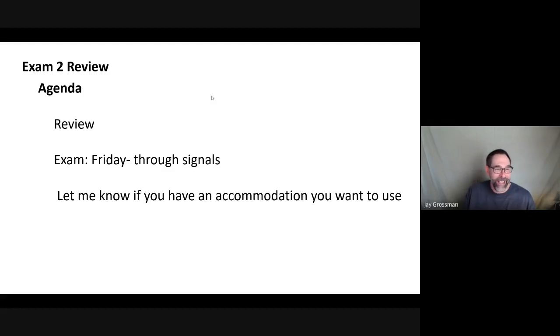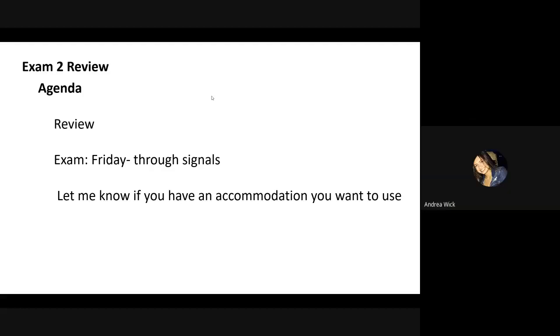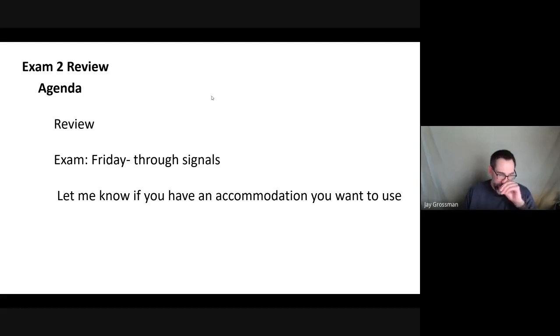If you've got an accommodation, what's that, Andrew? Are you just going to have us write out our problems and how we did it, and then just send you pictures of it? Yeah. I gave one Monday to 354, and I think it's the same way Professor Polito did it. I guess you don't have him this semester.